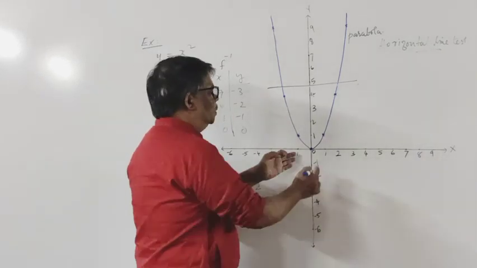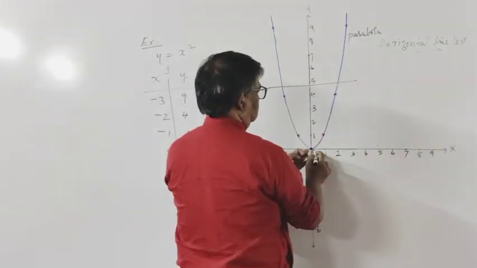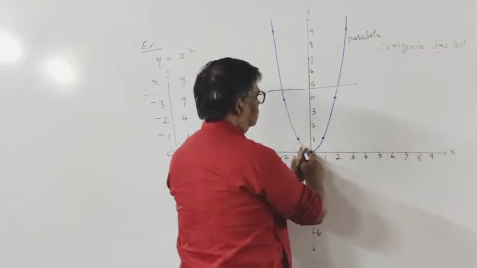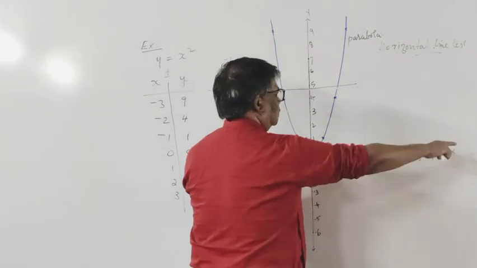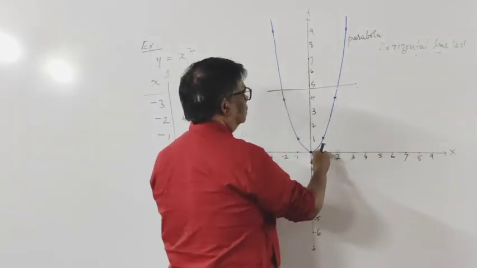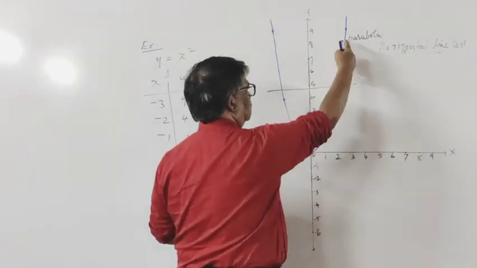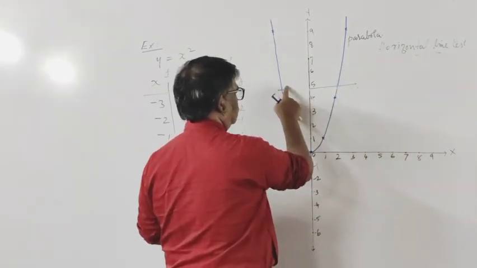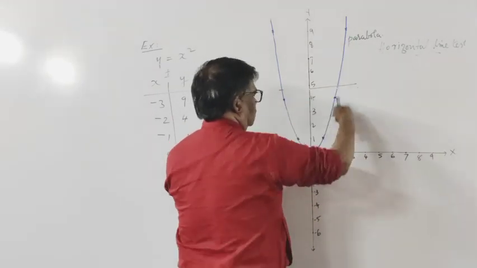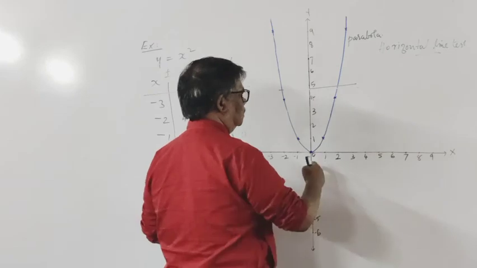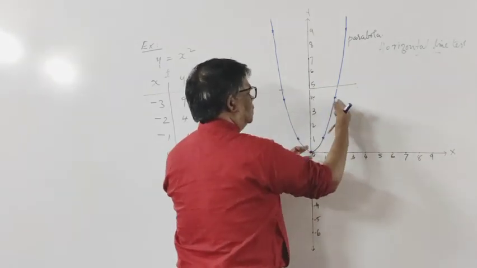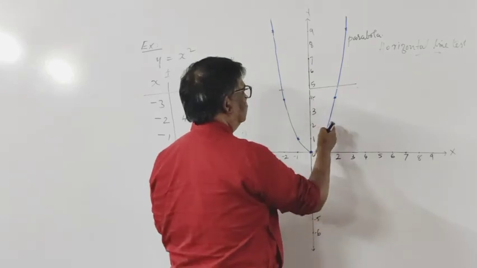So we consider only this right part. We restrict the domain to 0 and to the right, so the positive x-axis. In that case, this will be the original function. And it will pass the horizontal line test because this horizontal line will meet this only at one point. So this is invertible. Only this part, if you are considering, is invertible, and its inverse we can show.